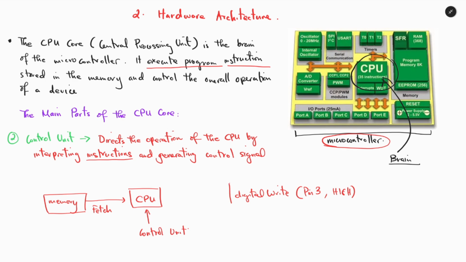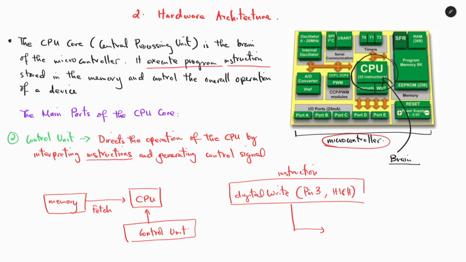This is a particular instruction that is stored inside the memory. And when this microcontroller reads this information through the CPU, the control unit will generate a signal such that it will select the pin corresponding to the port to be high.